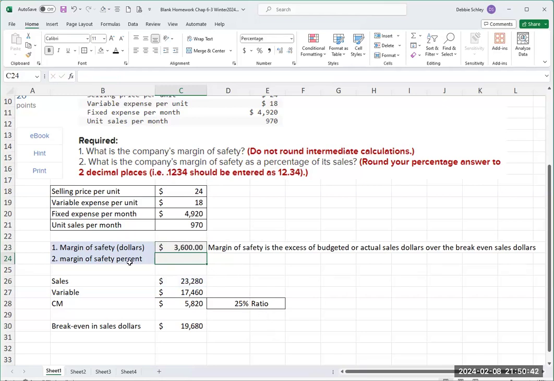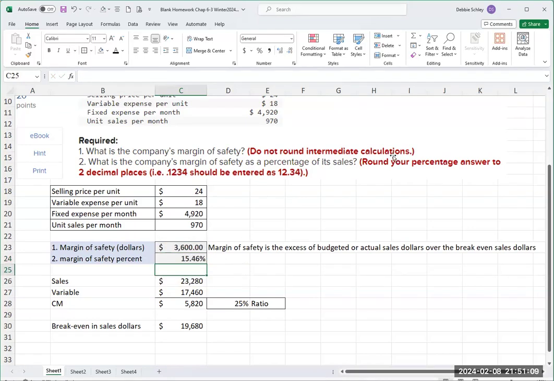And then they want to know the margin of safety percent. So again, that's a ratio. So we're going to take the margin of safety, which is the part, divided by total sales. We want to know what is the margin of safety of sales.